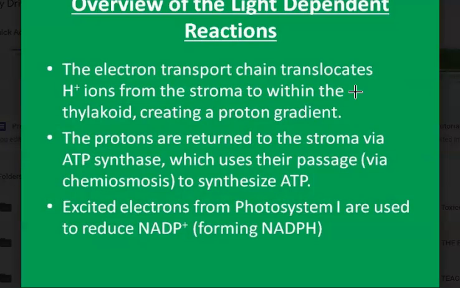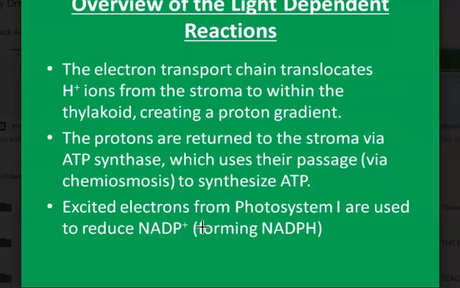Now, the excited electrons from photosystem 1 are used to reduce the NADP plus, forming NADPH. So this is coming from photosystem 1. We just said there are two photosystems, 1 and 2, and this is the part that comes from photosystem 1.